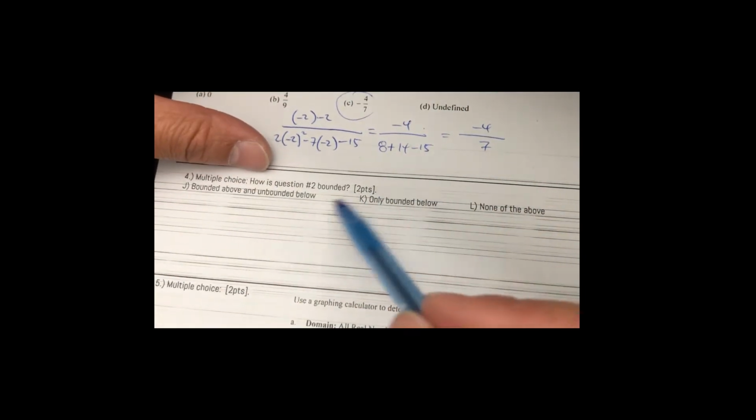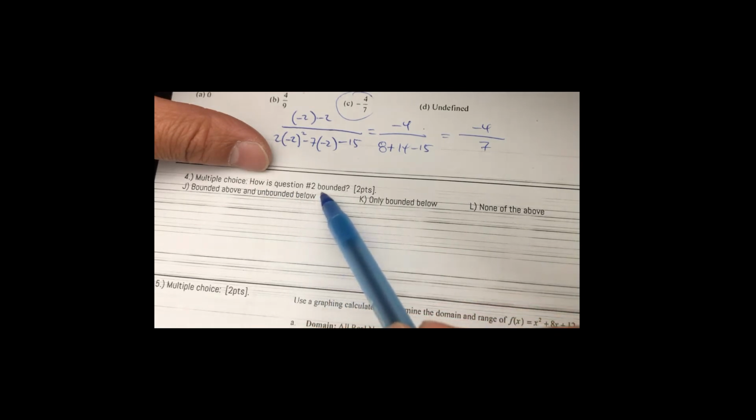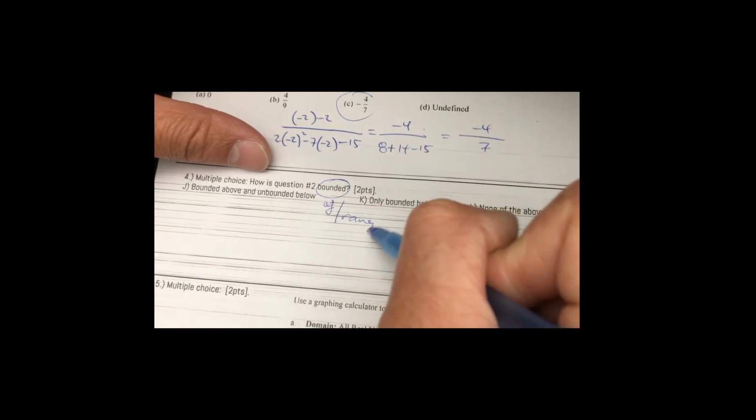Question number 4. How is question number 2 bounded? So bounded is referring to the y values, the range. So if I go back up to question number 2, down here, let's see if I can get a different color pen.